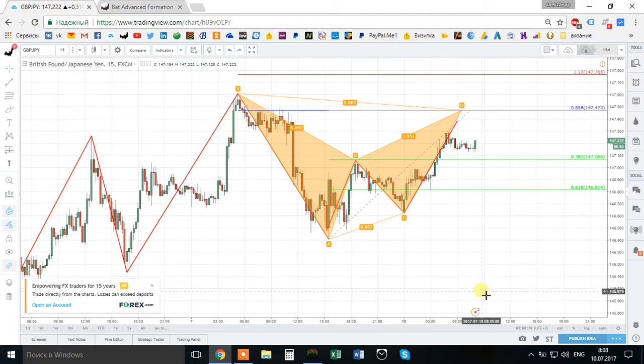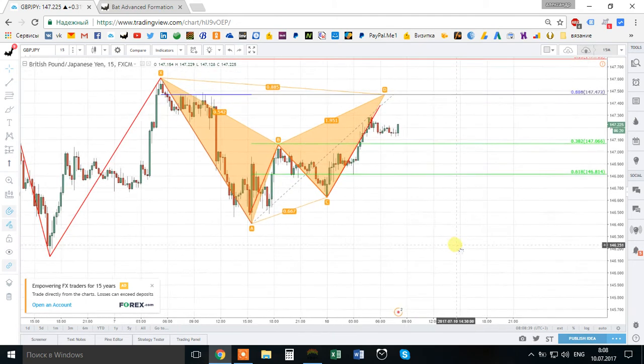This is called a divergence. Or maybe you should look at that stochastic being overbought, or MACD crossing to the downside, whatever is your confirmation. I am using simply price action. I'm not using those indicators that calculate some derivative from the price. I'm using the price itself.